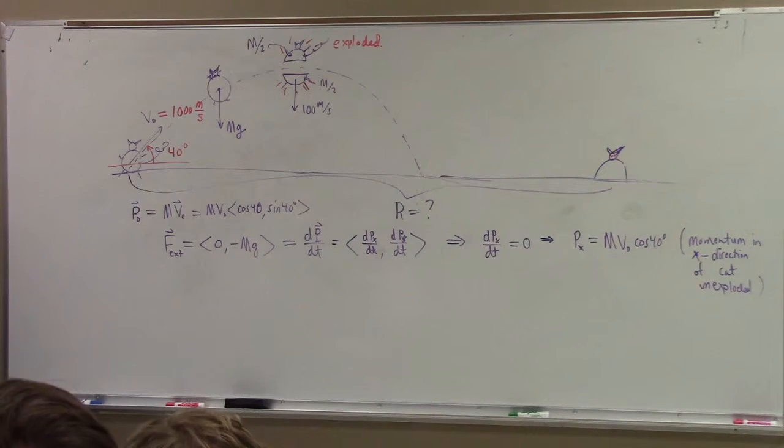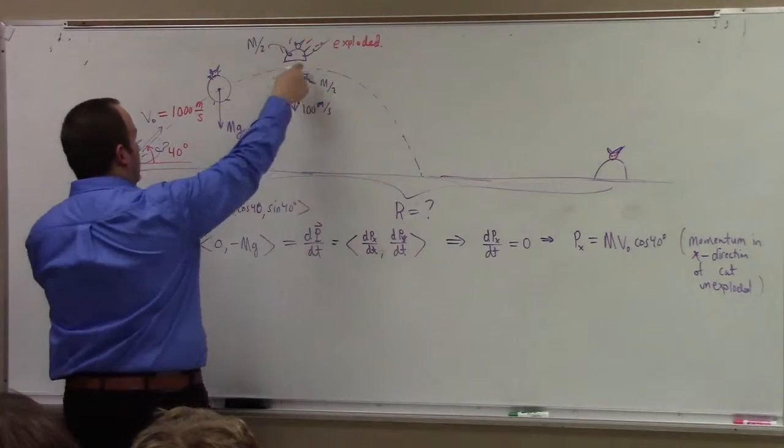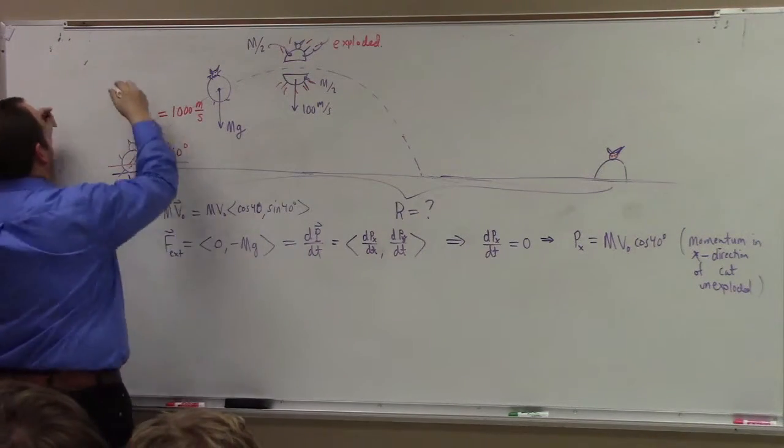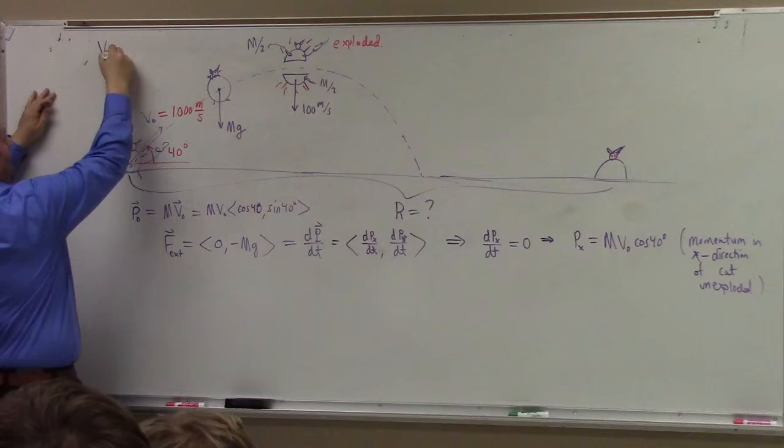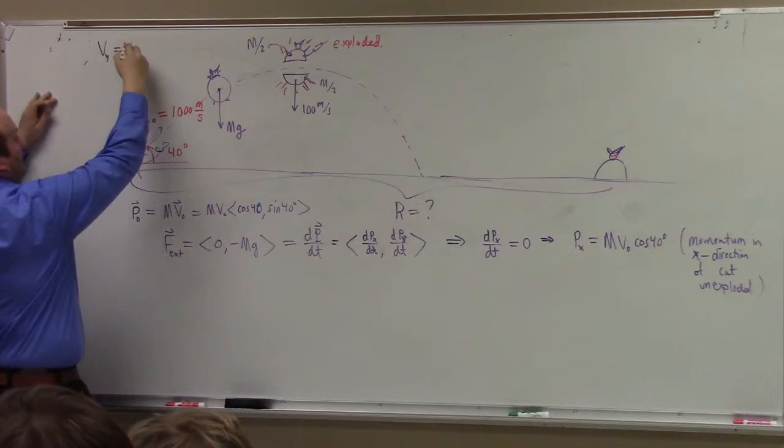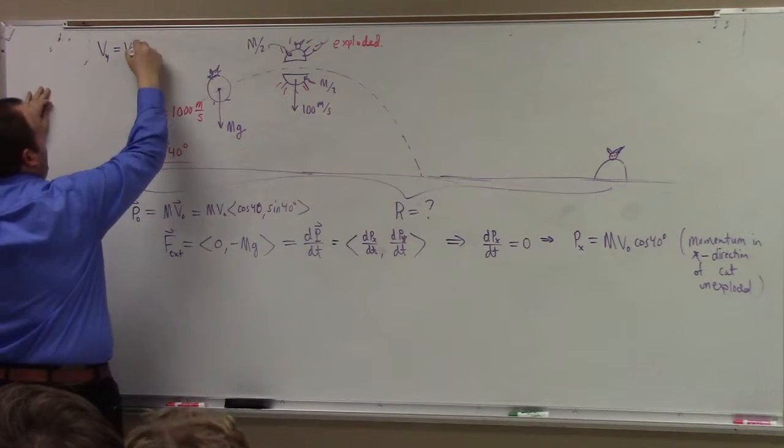But how about the y momentum? What happens to that? What does gravity do? Minus mg, right? So it's decreasing the y momentum. But you guys know this already, right? This is just a kinematics problem, really, from here to here. So what's the velocity of the y? Vy is what? V naught sine 40 degrees, right?